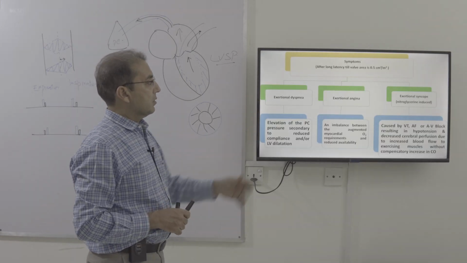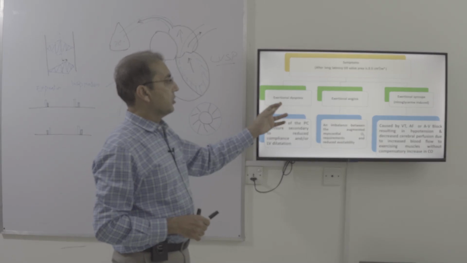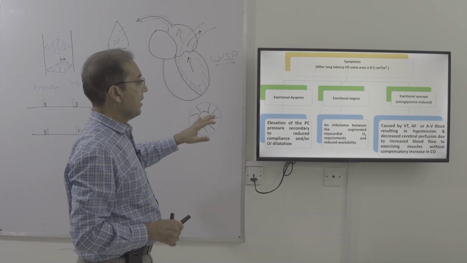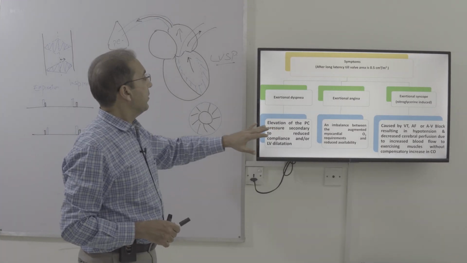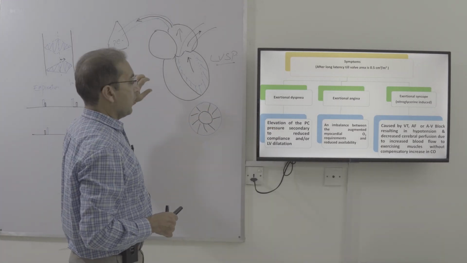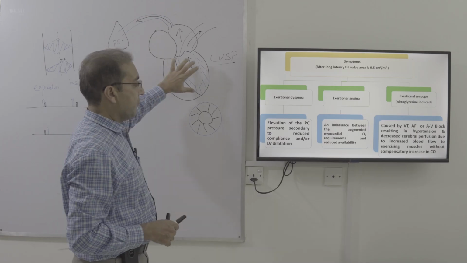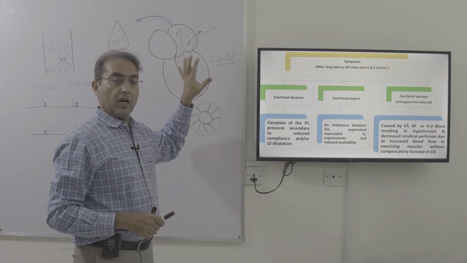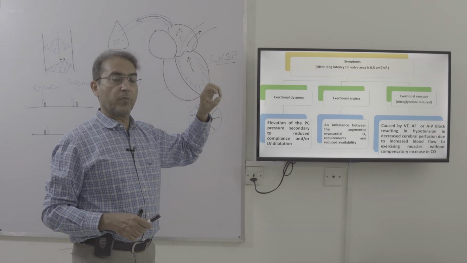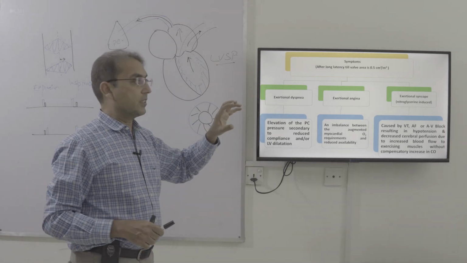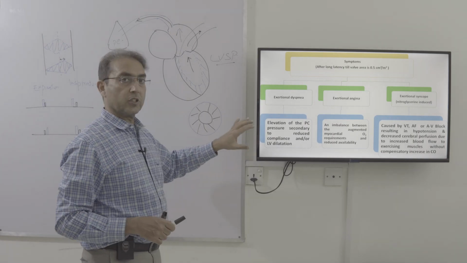Now, what are these symptoms? The patient has exertional dyspnea, as I already discussed. When the patient exerts, there is elevation of the pulmonary capillary pressure, which is because of the reduced compliance of the left ventricle, and there is also failure of the left ventricle to eject a large amount of blood. The cardiac output decreases, and the left ventricle also starts dilating.